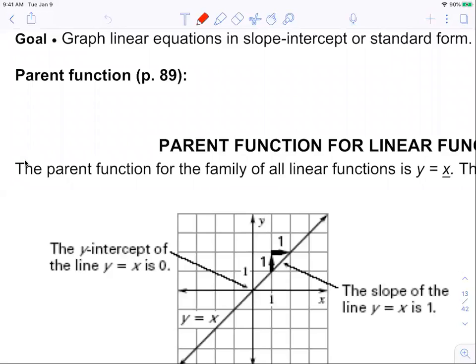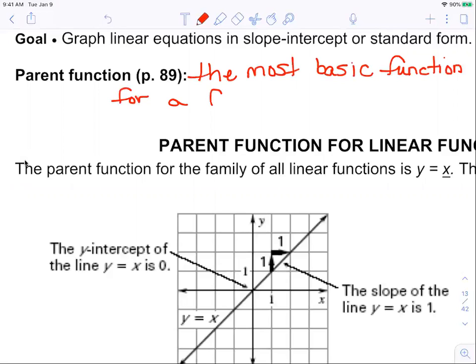So a parent function is the most basic function for a family of functions.